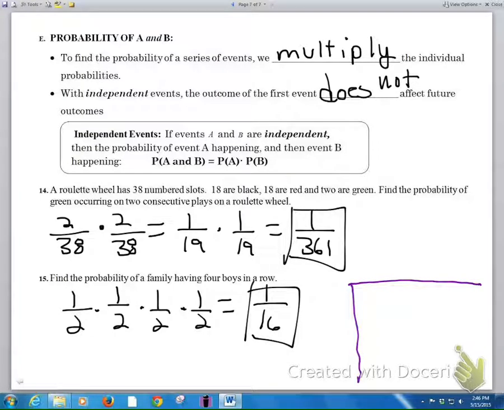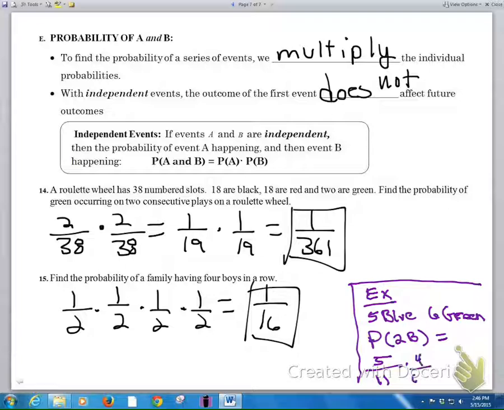So, for example, if you have 5 blue and 6 green marbles, and you take a marble out and you don't put it back, and you want the probability of 2 blue, then it's not just going to be 5 over 11 times 5 over 11. It's 5 over 11 times 4 over 10. So that's what you would have to do.